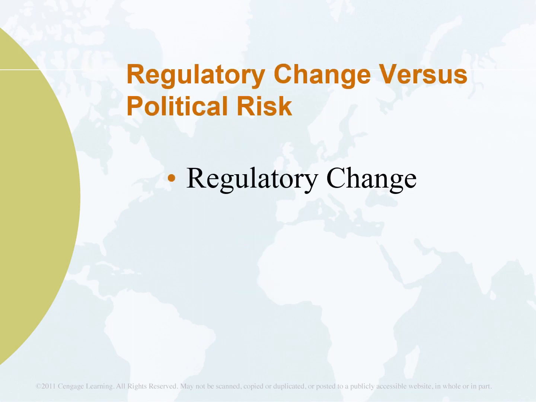Then we talk about regulatory change versus political risk. Regulatory change is minor, easier to deal with, and could happen very quickly. Political risk is major, could be more violent, more disruptive, more damaging.